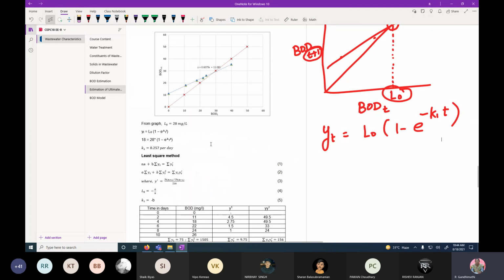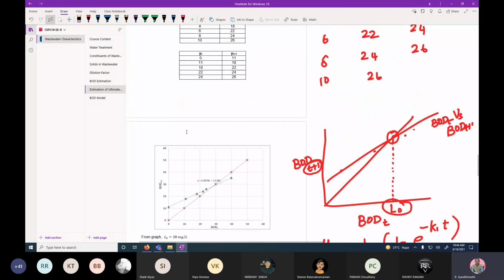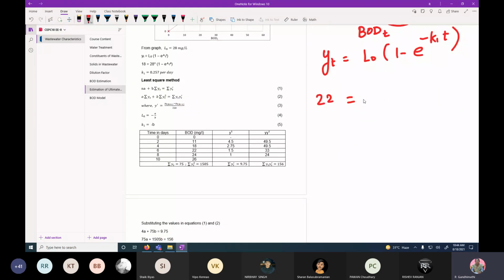The BOD is 22. Then from the plot, you know L0, and then 1 minus e power minus k1 t we have to find out. T is 6 days. Then from this we can find out the k1 value at 20 degrees Celsius. Is it clear?